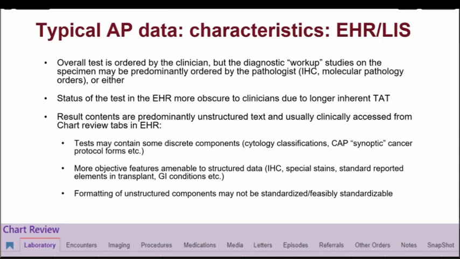And for those unstructured components, because of the individuals involved and depending on the culture and the system, there may be a spectrum of standardization in terms of formatting. And in all cases, it may not really be feasible to completely standardize reporting in the way that many CP tests are done.